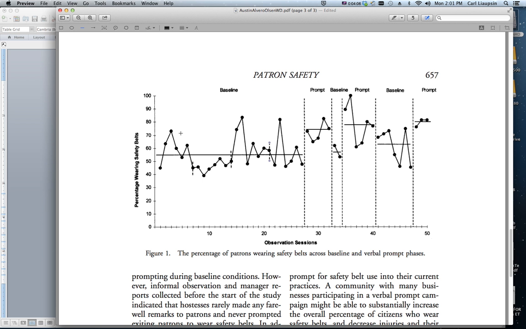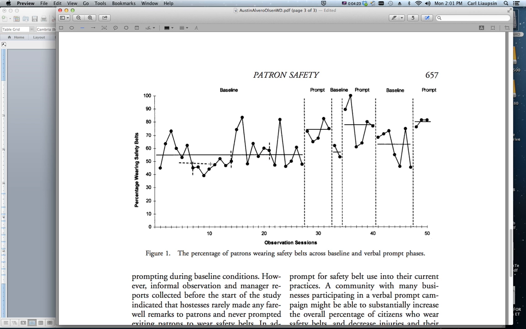We're going to go for mid rate. So we're going to work up our graph from the bottom. 1, 2, 3, 4, 5, 6, 7.